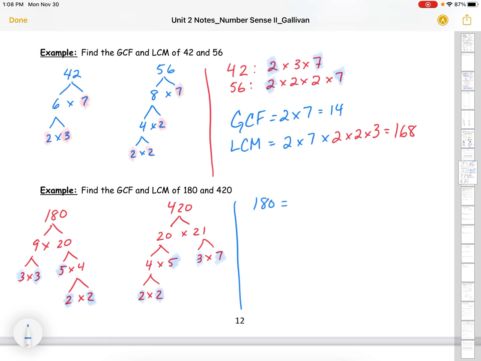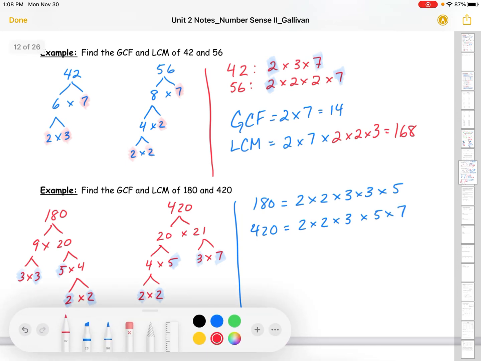Okay, so 180 is equal to, let's start by the smallest, 2 times 2 times 3 times 3 times 5. And 420, again, we're going to list them from smallest to largest, 2 times 2 times 3 times 5 times 7. Now, let's see what we got for matching.